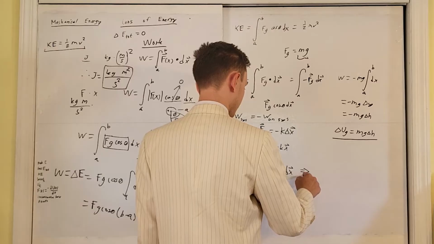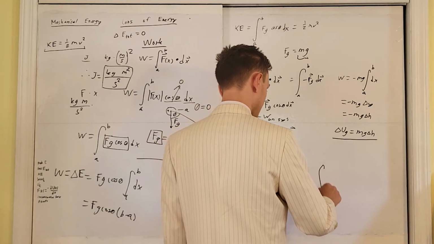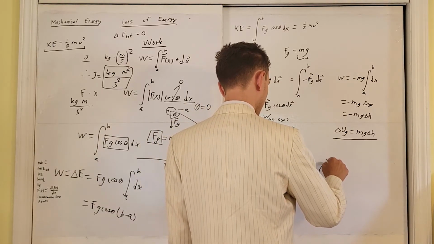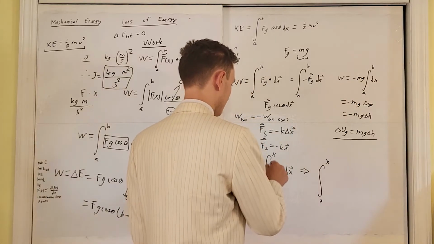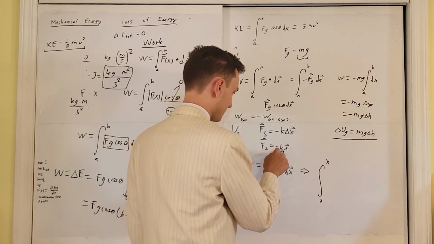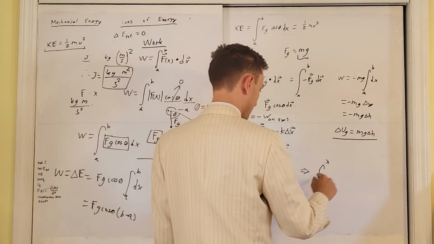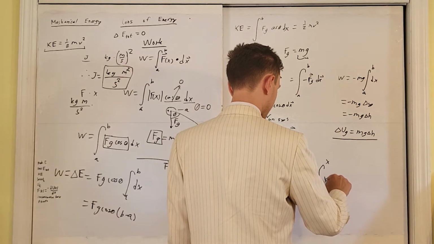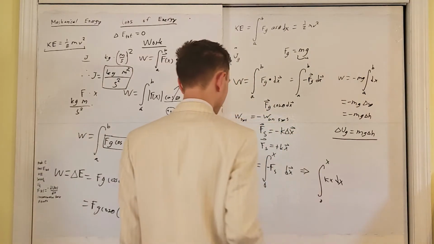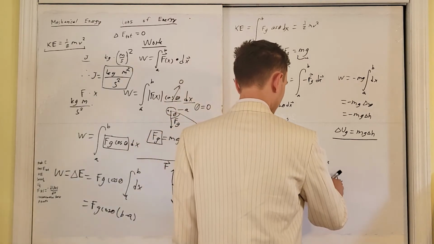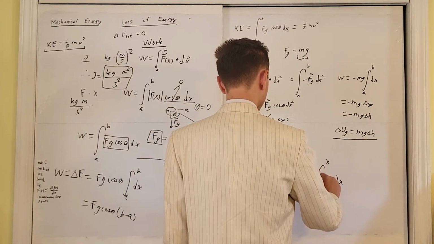Therefore, it will be rewritten as the integral from 0 to x of our spring force, the negative of which is a positive kx dx. K being our spring constant, it will be brought outside the integral.